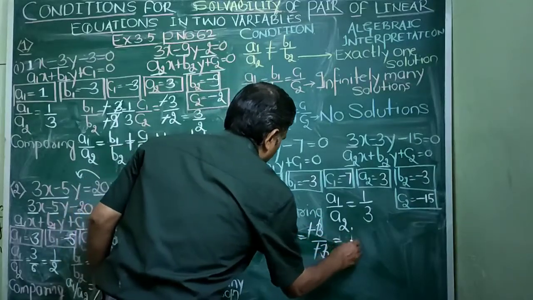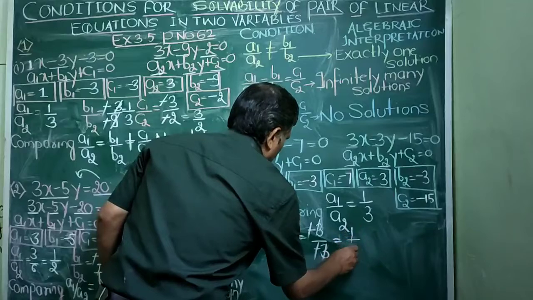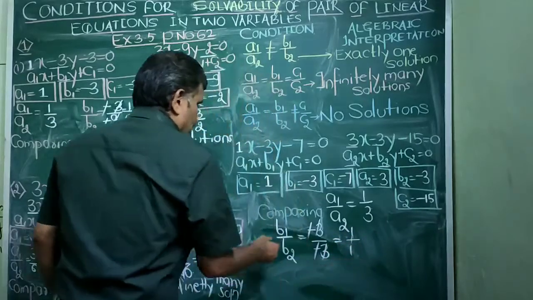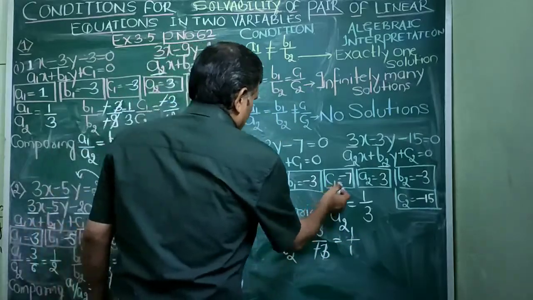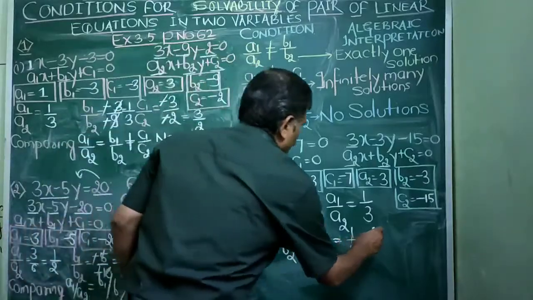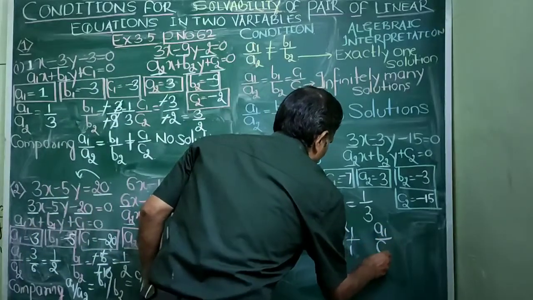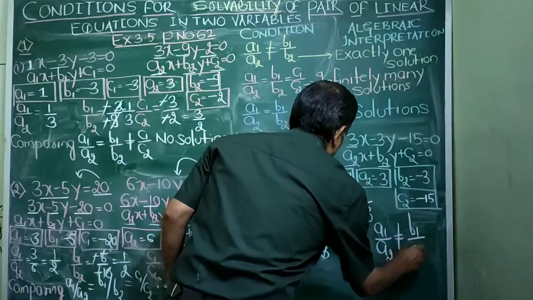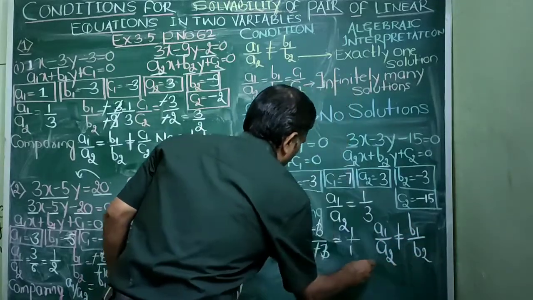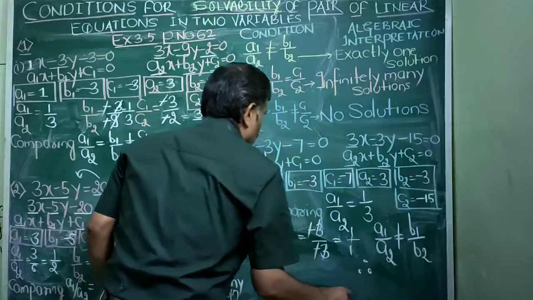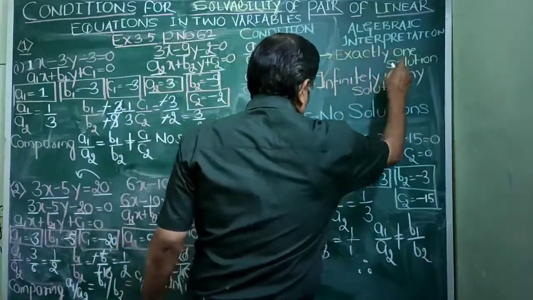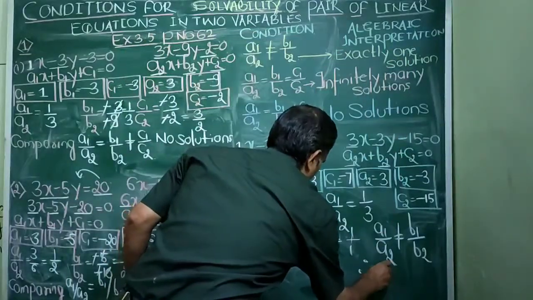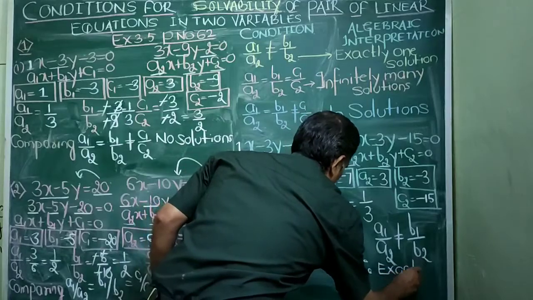This is 1 by 1. Now I can see directly that the ratio of A1 by A2 is not equal to the ratio of B1 by B2. So therefore I can say it has exactly one solution.